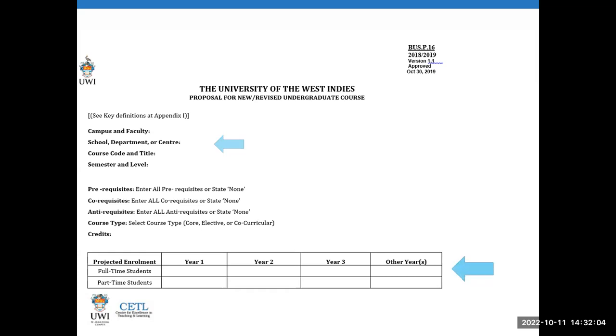And when you think of anti-requisites, that may pertain to, let's say, a course that is so similar to another course that students do not have to do both courses for credit and so on.